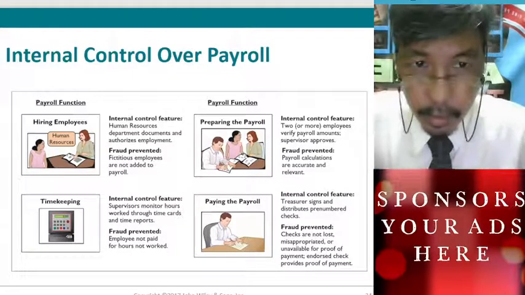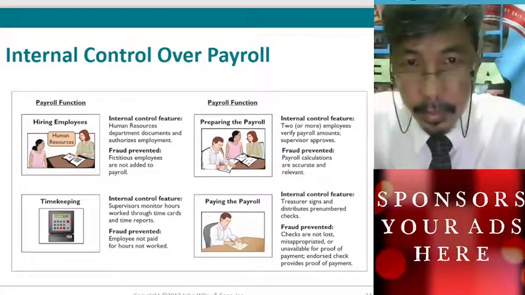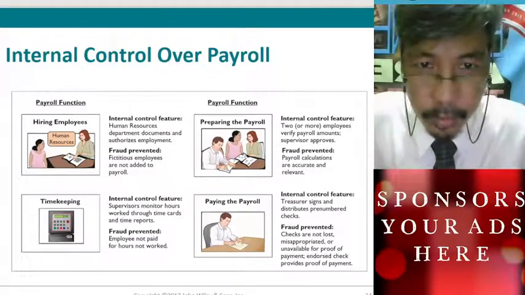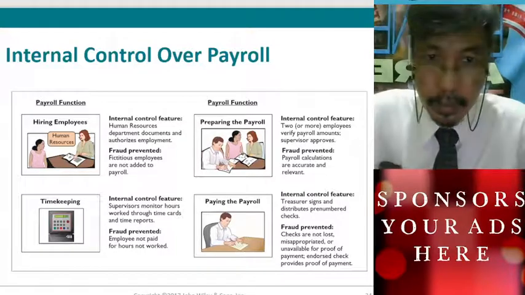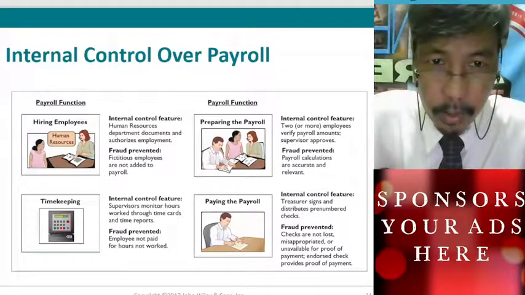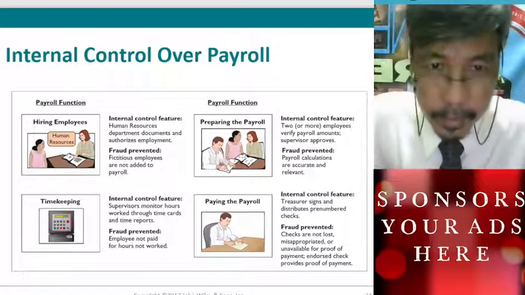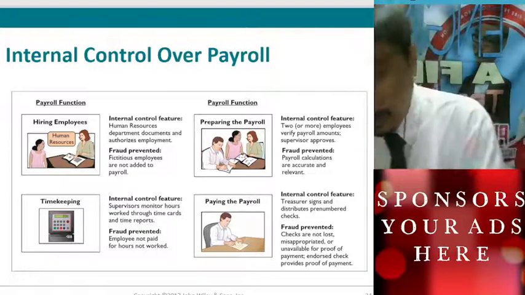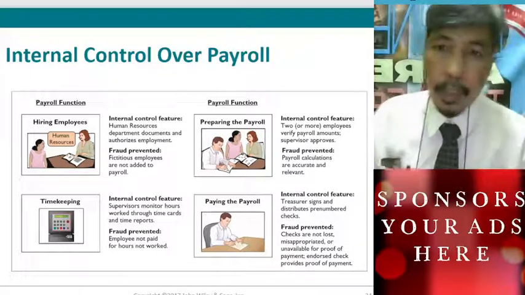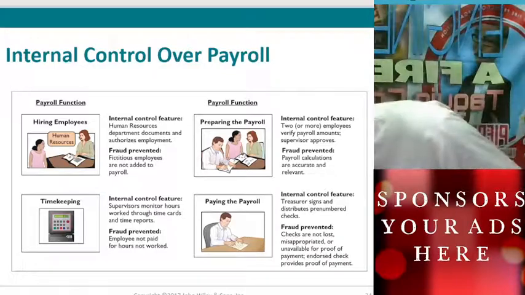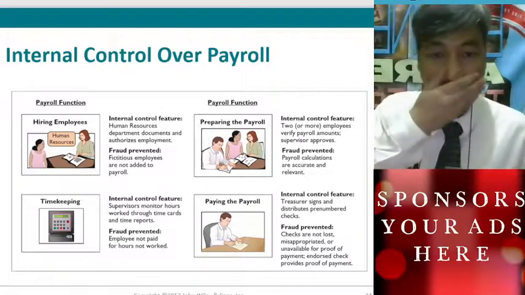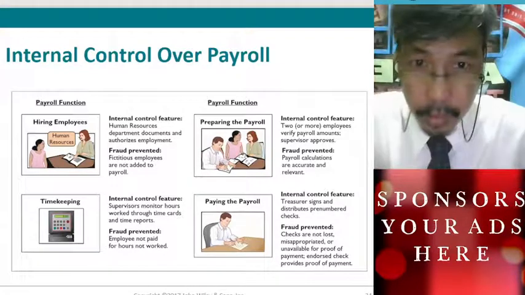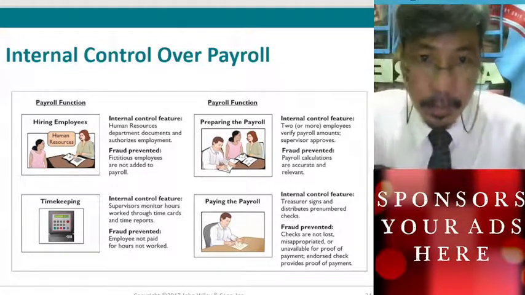Payroll function, hiring employees: human resources department documents and authorizes employment. Fraud prevented: fictitious employees are not added to payroll. So there is a proper recording of those people who are hired by the company. We can monitor who they are, their names, addresses and contacts.